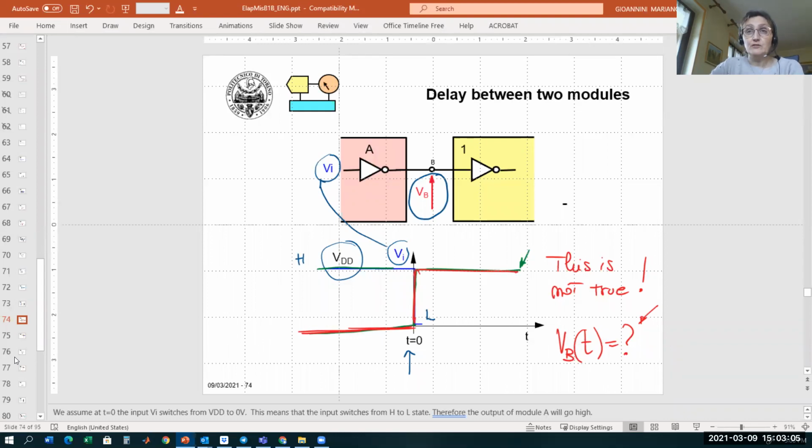To simplify this problem, we make use of equivalent circuits, the ones we learned in the last lesson: the equivalent circuit for the output of A and for the input of B. So let's plot now the equivalent circuit for the output of A.